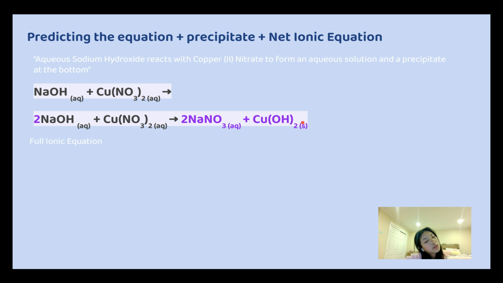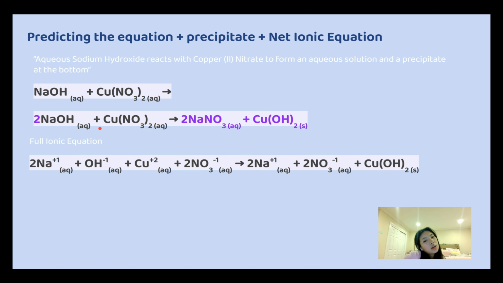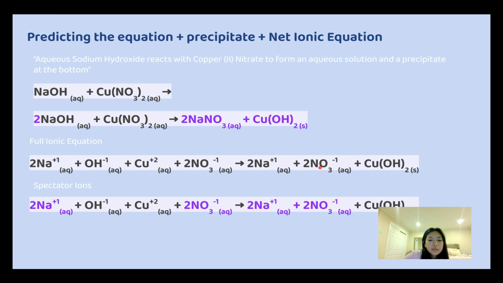Your full net ionic equation will be turning these into ions. Remember that your insoluble substance will always be written as the solid. Spectator ions will be whatever occurs on both sides, so sodium, nitrate, nitrate. Your net ionic equation will be whatever creates your precipitate. So it's going to be hydroxide and copper.